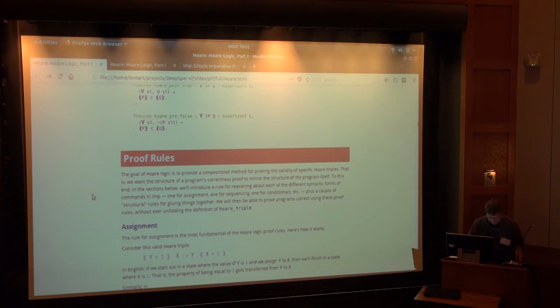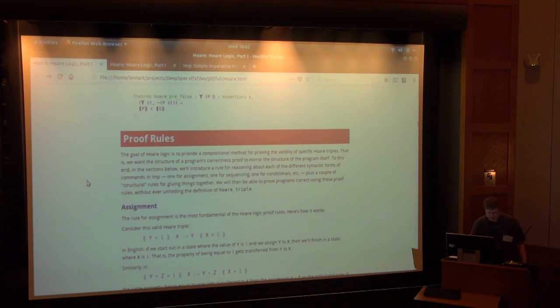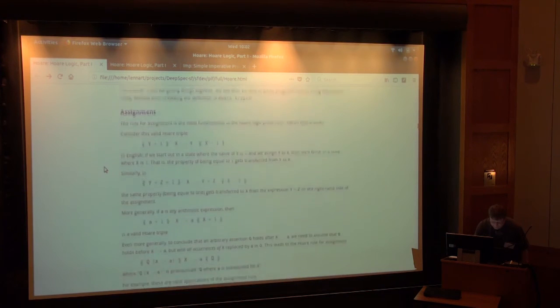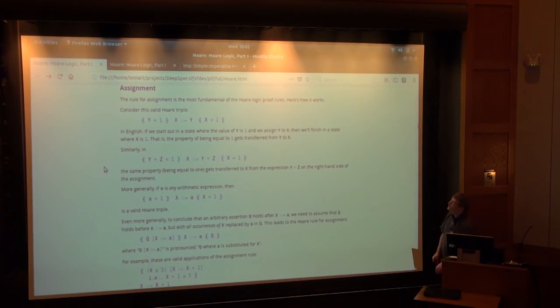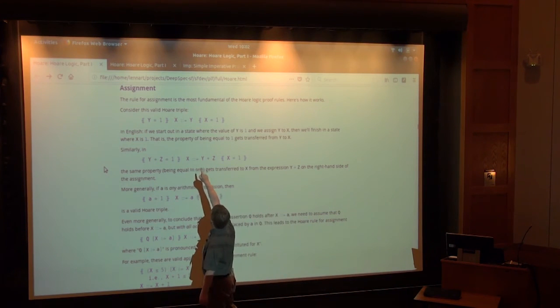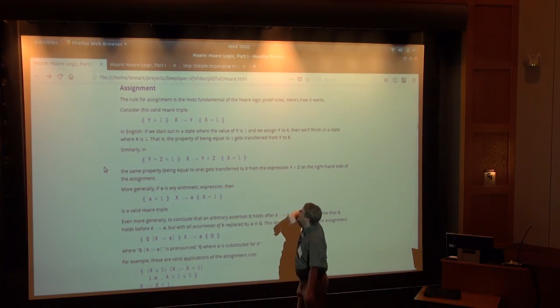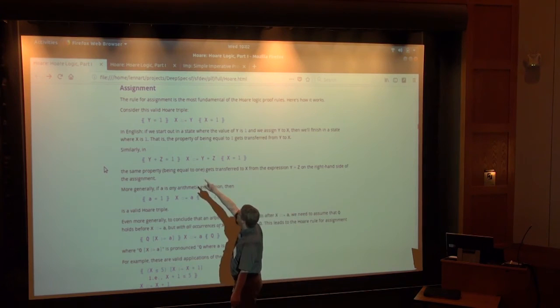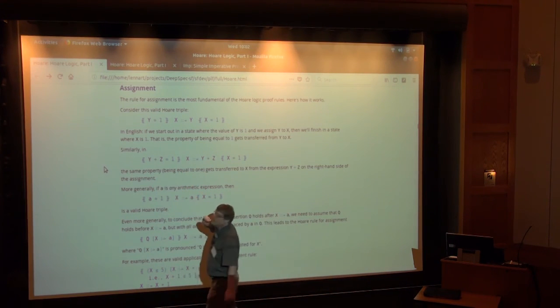Suppose that's j, and suppose the rest of the elements in x cons t are L prime. Well, we know that h is bigger than x, and j is at least as small as x, so therefore the smallest element in the whole list has got to be j, and we can put h back on the front of L prime.